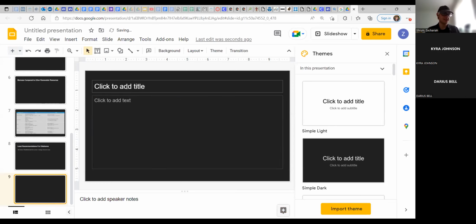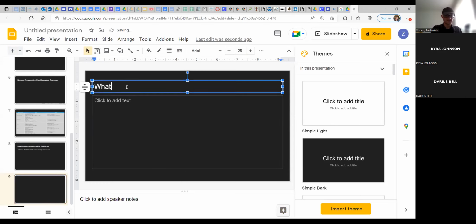And then maybe on another slide, what alternatives can Oklahoma use instead of fossil fuels?